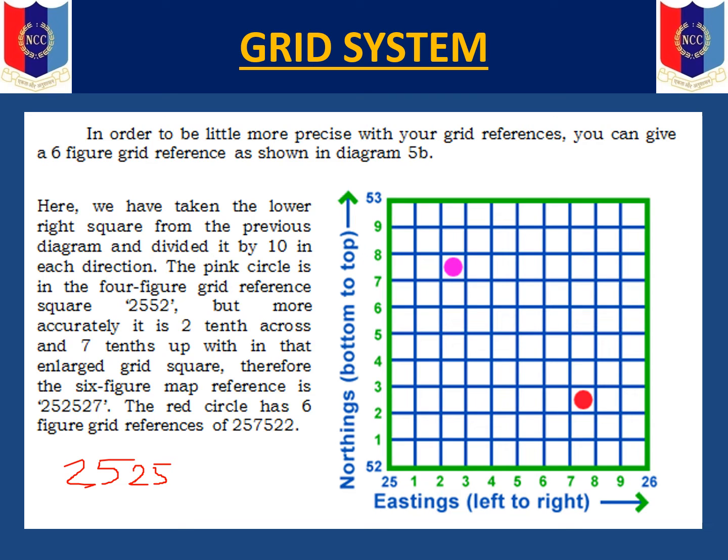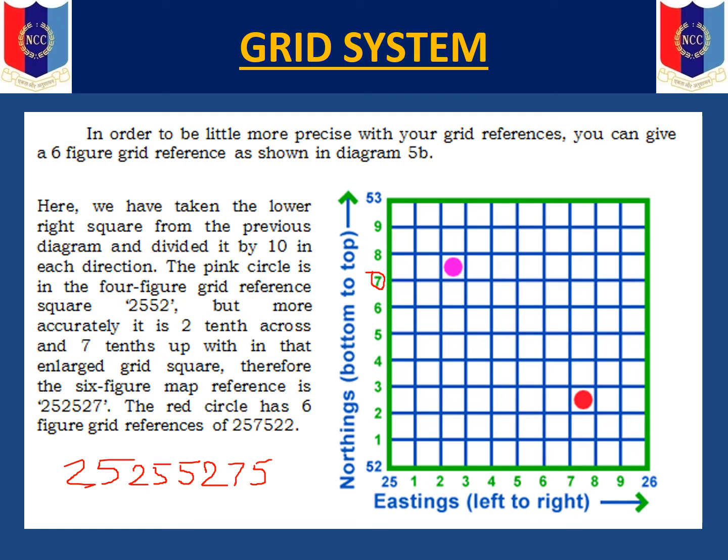Then you have to write the northings 52. Then again between these two divisions, 7 and 8, 10 equal divisions, and if this landmark is exactly at the center, it is 7, 5. So you write 7, 5. Right.